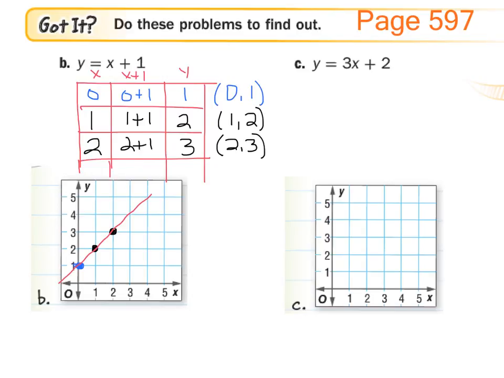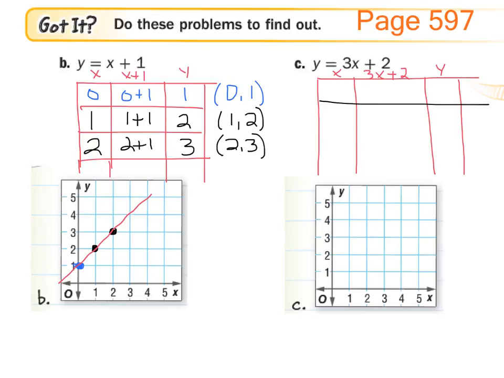So let's start off by making our chart. And our rule is 3x plus 2 to create our y. So let's start off with 0. So 3 times 0 plus 2. So using order of operations, 3 times 0 is 0, plus 2 is 2.